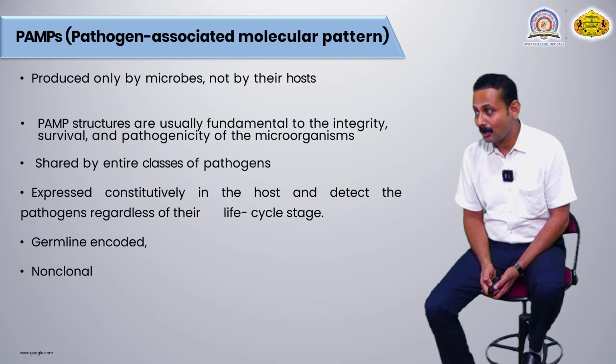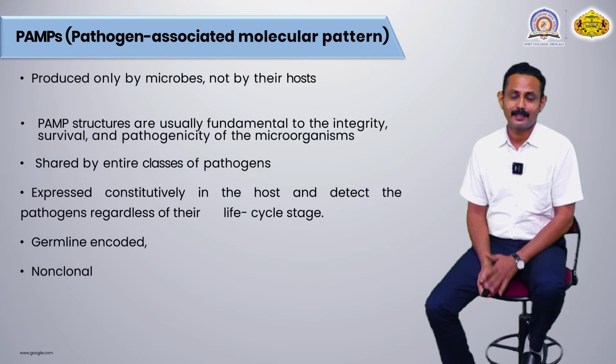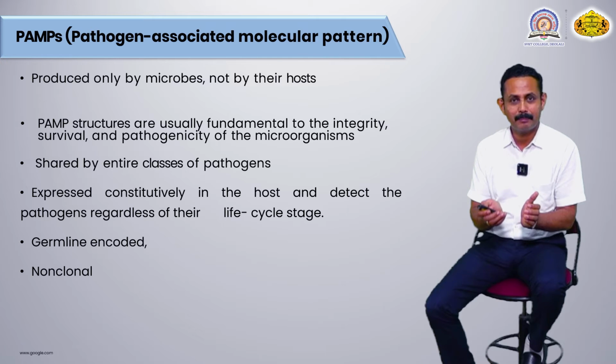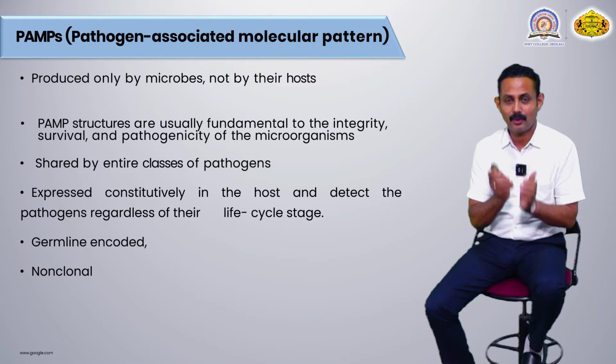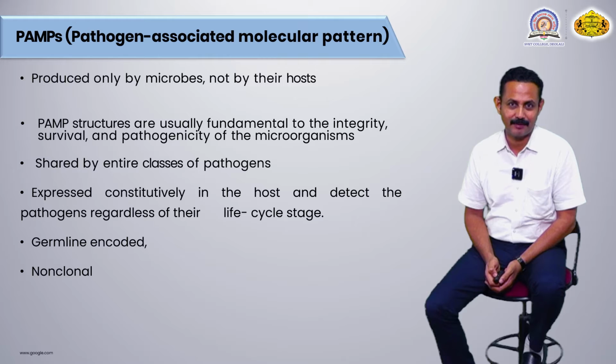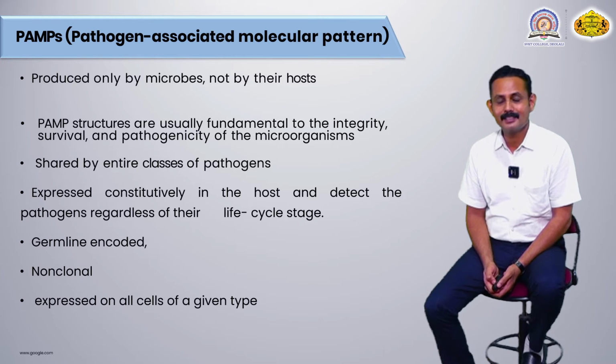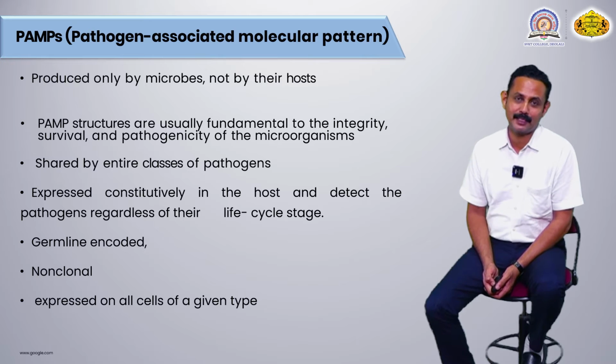They are non-clonal. Non-clonal means they are not expressed in the form of a group. They remain localized to that specific type of cell, and they are expressed on all cells of that given type.